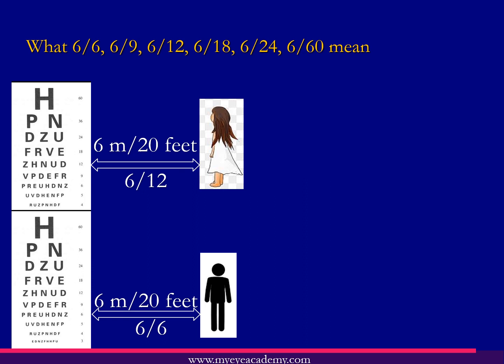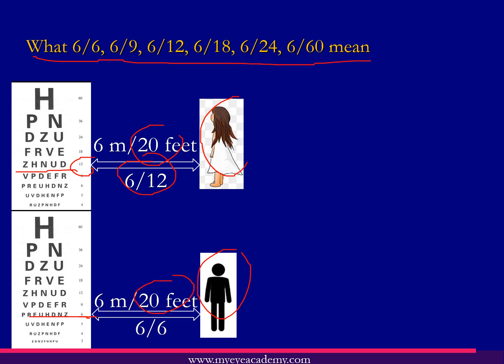Let's first understand what 6/6, 6/9, 6/12, 6/18 and so on mean. This patient can see the 6/12 line from a distance of 20 feet, so the visual acuity is 6/12. This patient can see a line of 6/6 from a distance of 20 feet, so the visual acuity is 6/6.